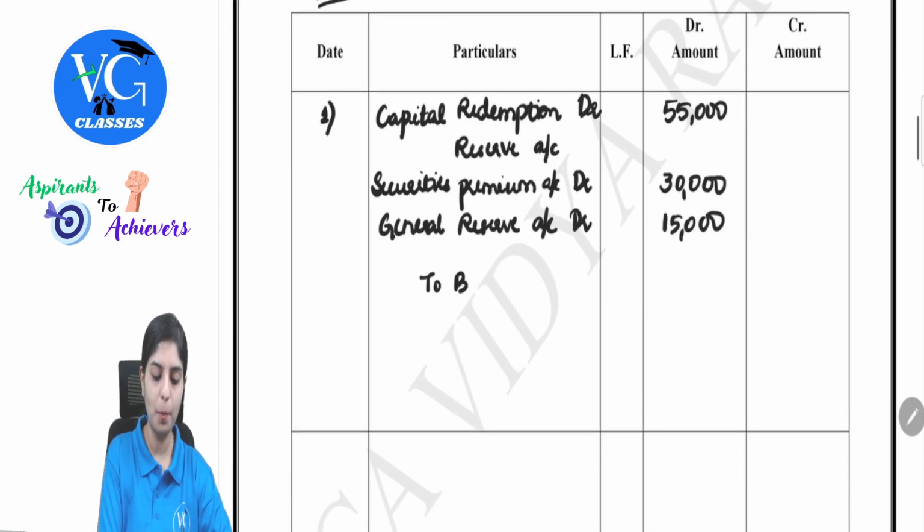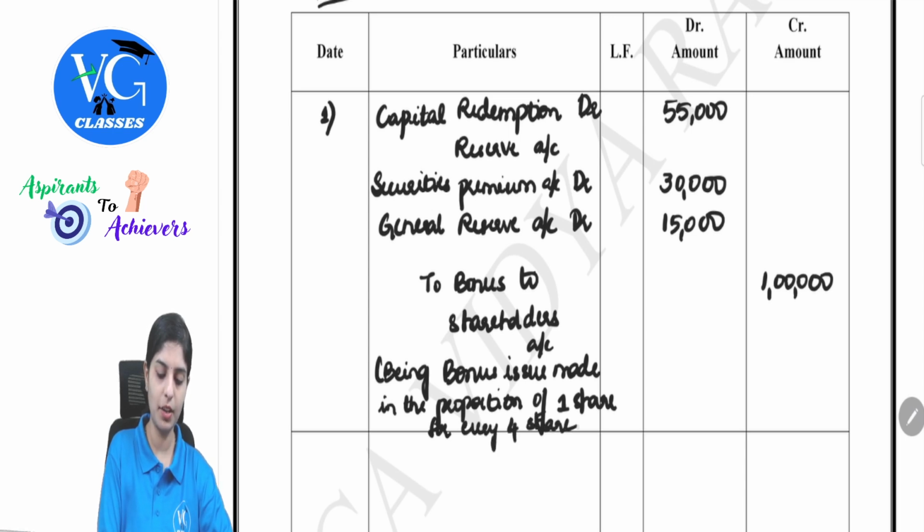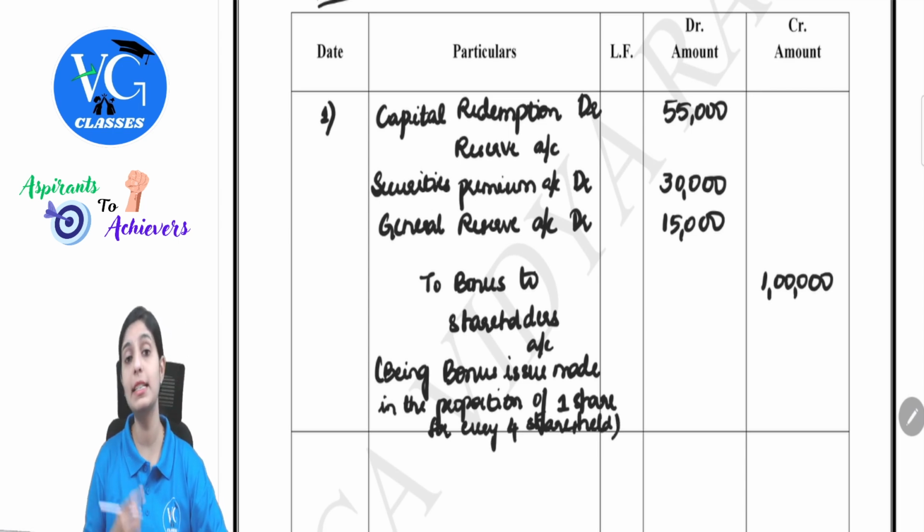To bonus to shareholders account, that is 1 lakh, being bonus issue made in the proportion of 1 share for every 4 shares held. I hope this is clear.